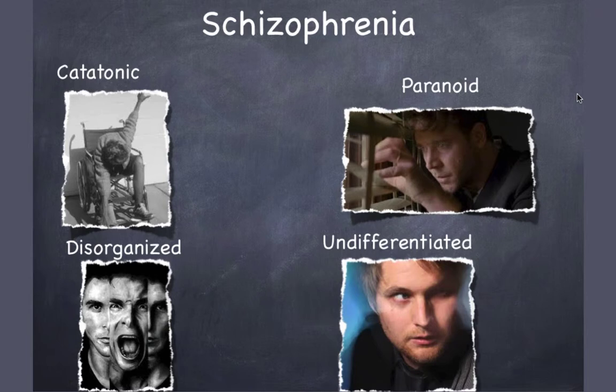And then there, fourthly, is the undifferentiated schizophrenia. This is the catch-all term used when schizophrenic symptoms are either not conforming to the criteria of any of the other types, or they conform to more than one of the other types.